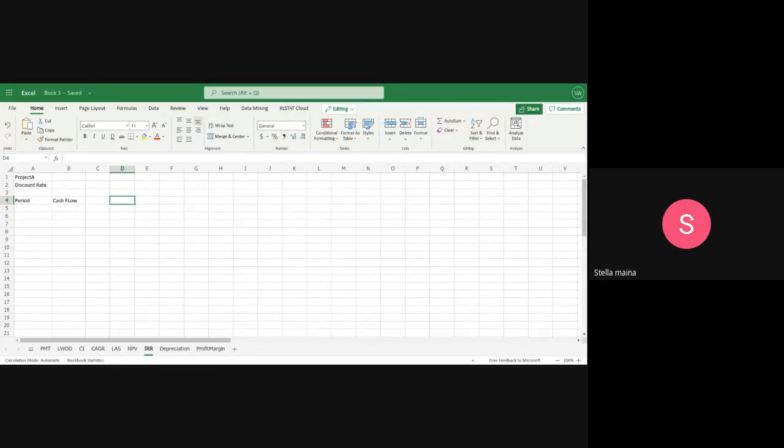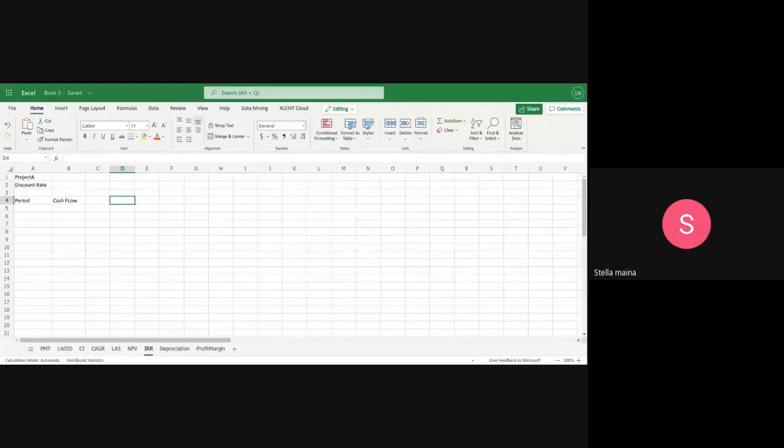IRR, which is used to calculate the project internal rate of return. The internal rate of return is the discount rate that makes the net present value equals to 0.